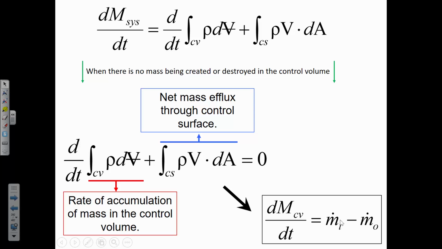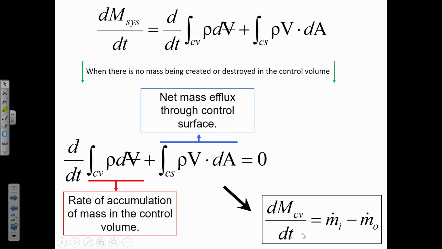If there's more in than out, we'll have a positive accumulation. And if there's more mass flow rate out than in, like in that Oahe Dam example that we worked at the end of class last time, where we were trying to find out how long it would take to drain that reservoir, there was a negative accumulation, and so the mass inside of the control volume over time was decreasing.